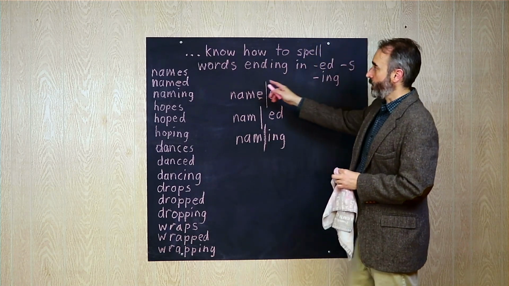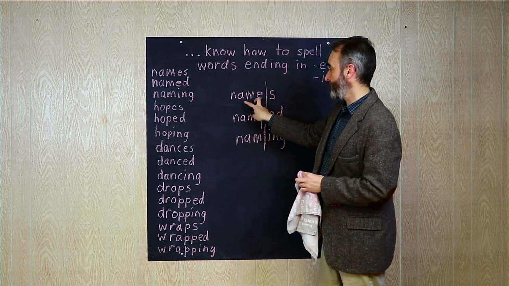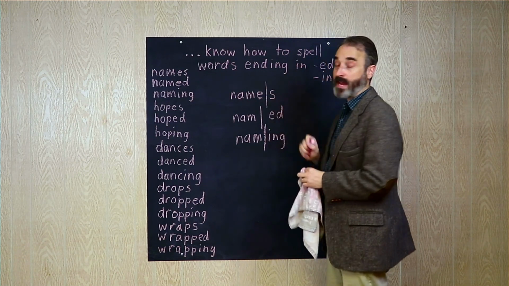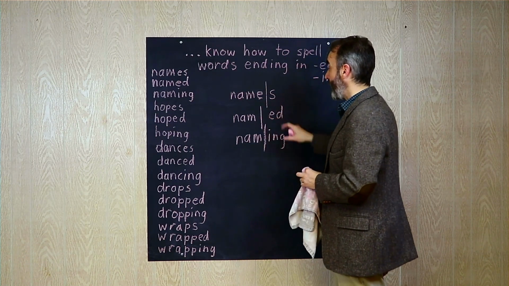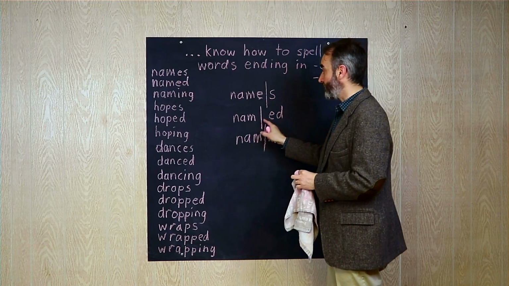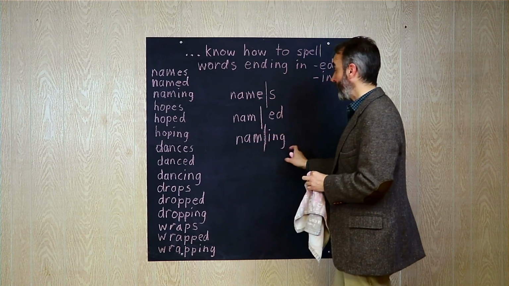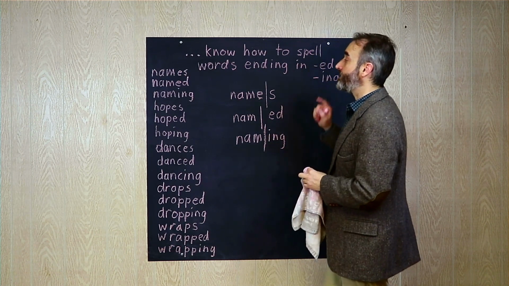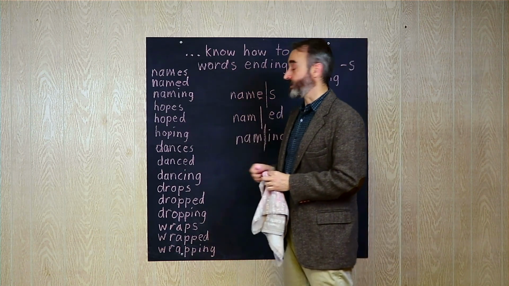Okay, so if your original root word has a vowel at the end, when we add an S, we just add the S. When we add ed at the end, we get rid of the vowel. When we add ing at the end, we get rid of the vowel.